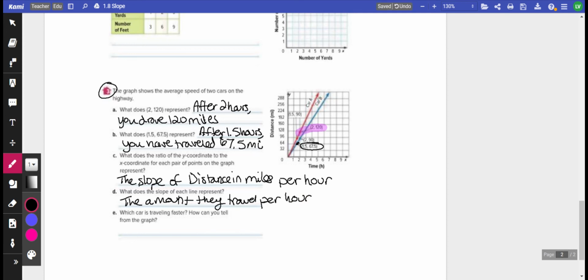How can you tell from the graph? Well, whichever line is steeper, that's whom is driving faster. So in this case, it's going to be car A because they have a steeper slope.